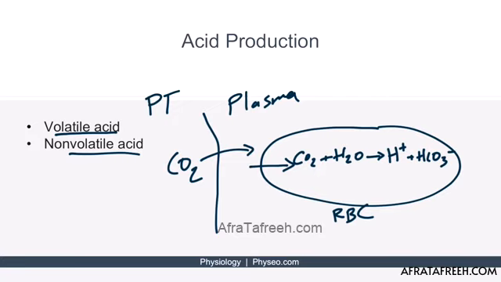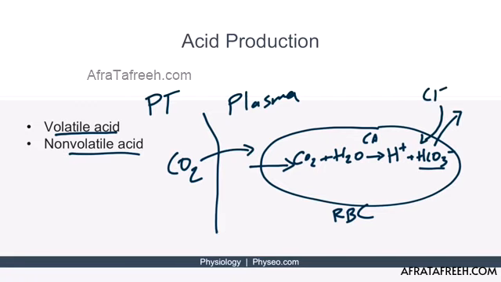Remember, the enzyme that catalyzes this reaction is carbonic anhydrase, or CA for short. The bicarbonate can then be transferred from the cytoplasm to the plasma through the bicarbonate chloride antiporter. The bicarbonate is taken from the periphery back to the lungs, where these reactions occur in reverse, ultimately allowing the lungs to expel carbon dioxide.